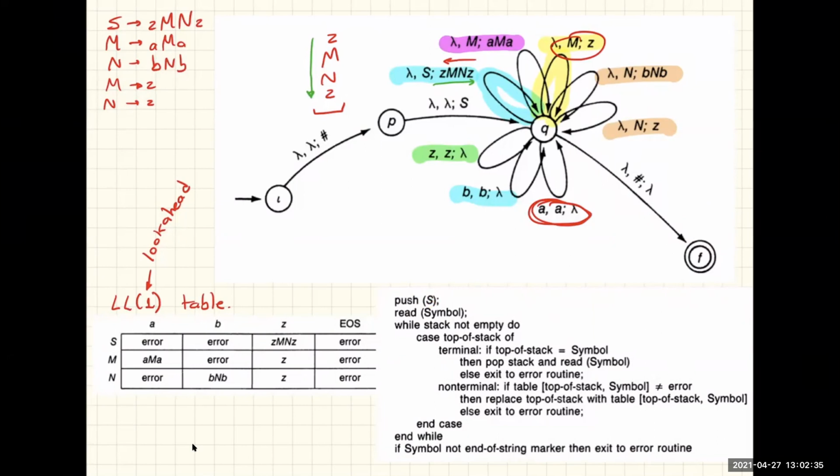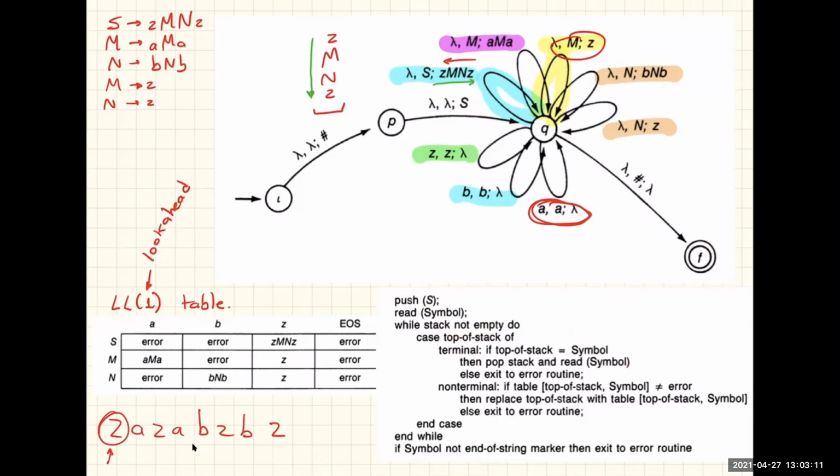Why is it not exactly the same? We will see. So first, push S, this part. Then read symbol. Read symbol means read from the input string, so it means read this one. While the stack is not empty, depending on what's on the top of the stack, if this is a symbol, then pop stack and read symbol.